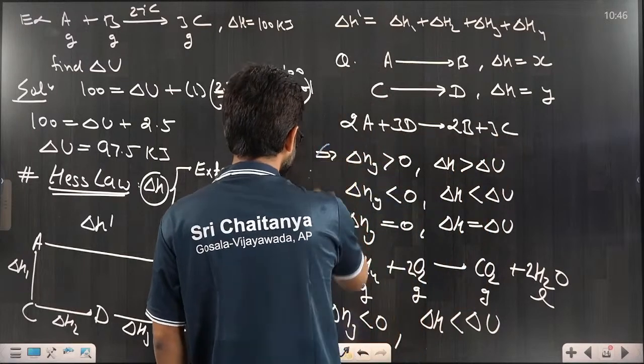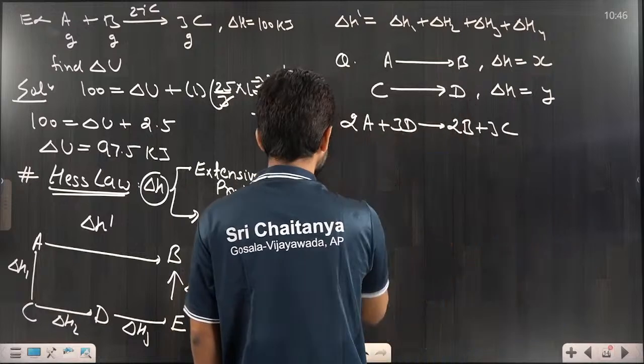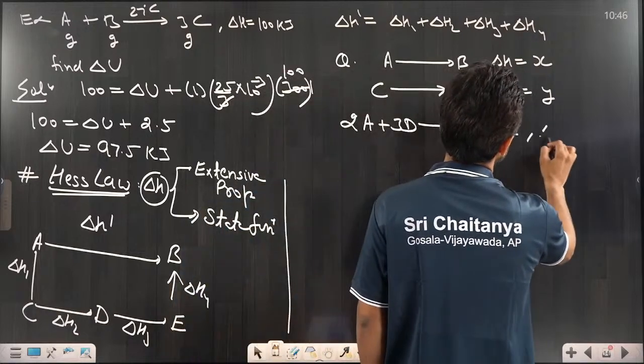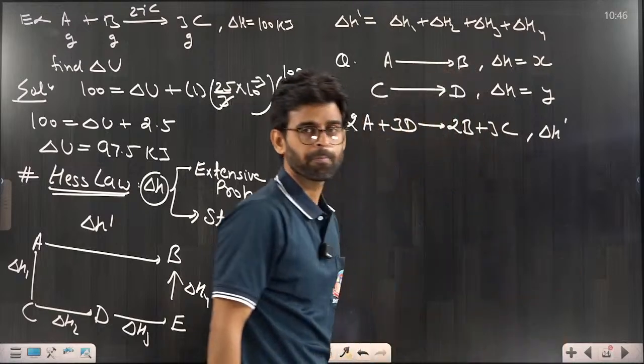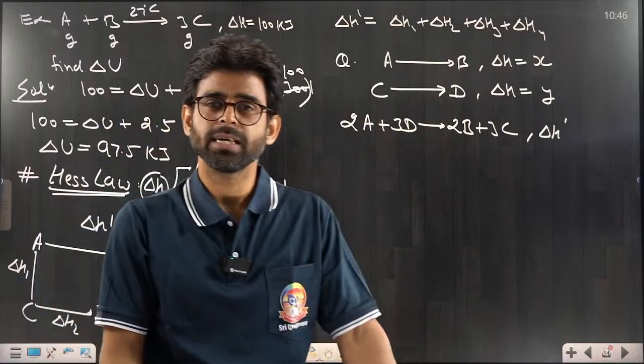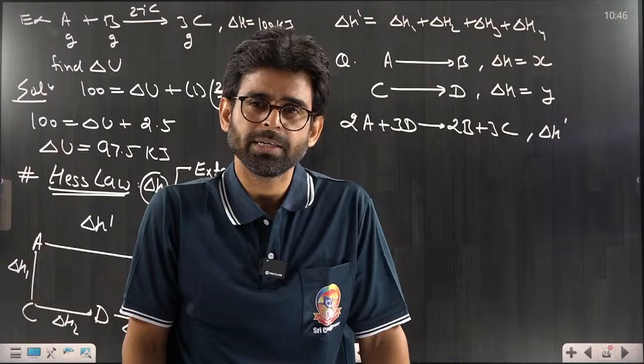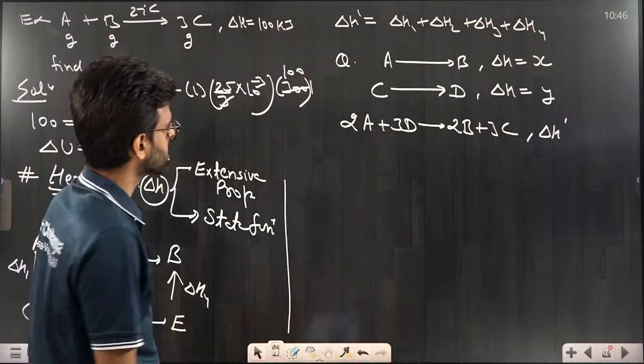Using the above two equations, I want to make a third equation and find its delta H dash. Clear? So how can we do this?